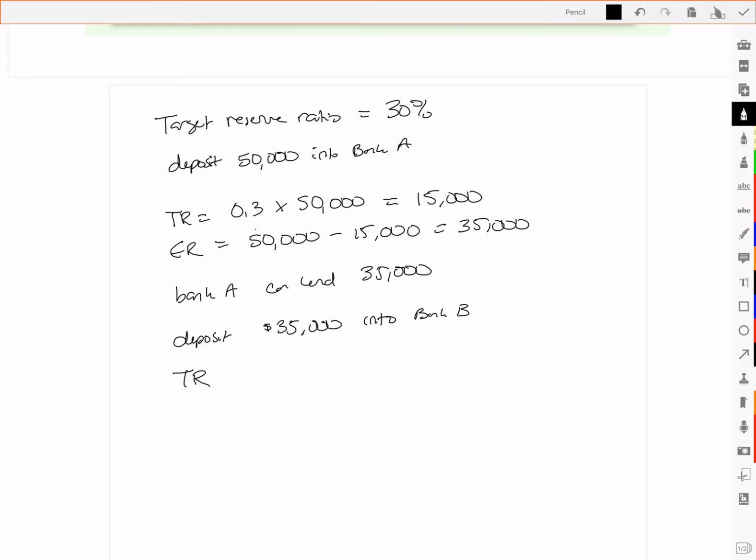How much does Bank B have to hold of that 35,000 as cash? Now, 0.3 times 35,000, and we get what? 10,500.